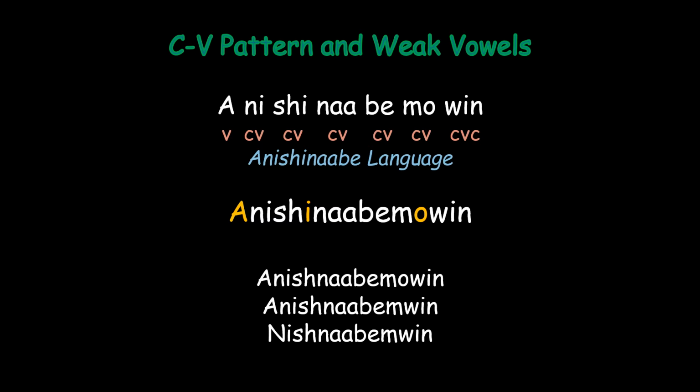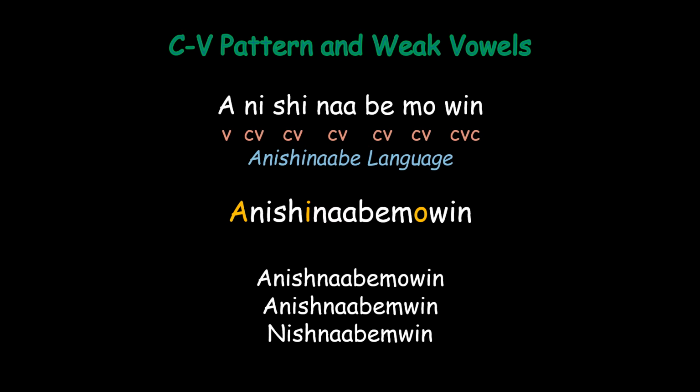The Anishinaabe language. In the center, you see the word, and you see 3 vowel sounds are highlighted in yellow. These vowel sounds are what can become weak in speaking the word Anishinaabemowin. And so there are different versions below.